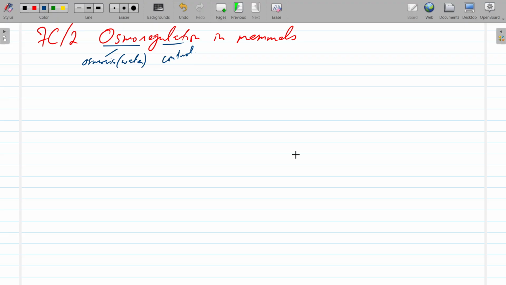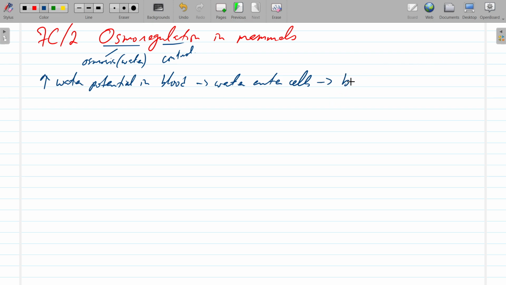Now, pretty simple. We understand that. Why do we need to control the level of water in the body? Because if there's too much water, if the water potential is high in the blood, water will enter the cells, and because they are mammalian cells, they don't have a cell wall, they will burst. That means they will die off, and that is detrimental to the body.